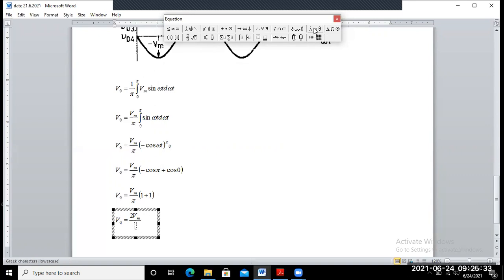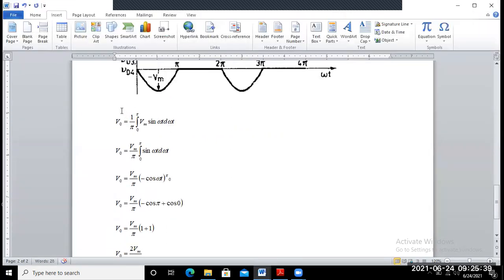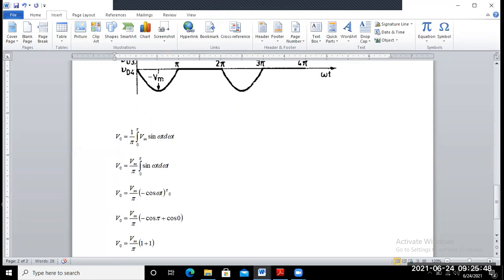So the average output voltage is given as 2 Vm by pi.